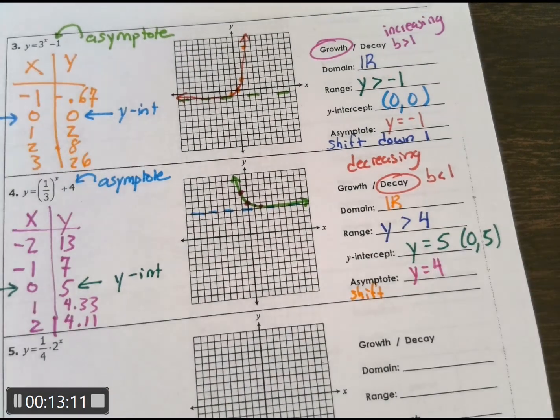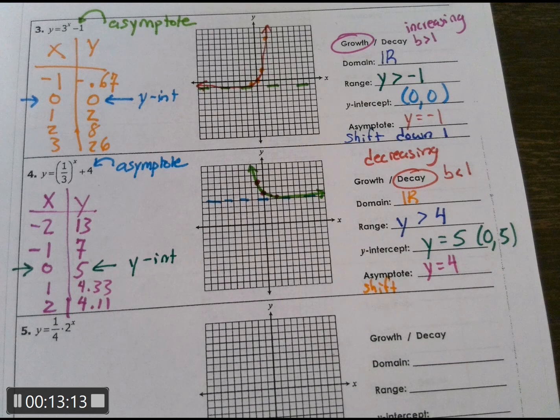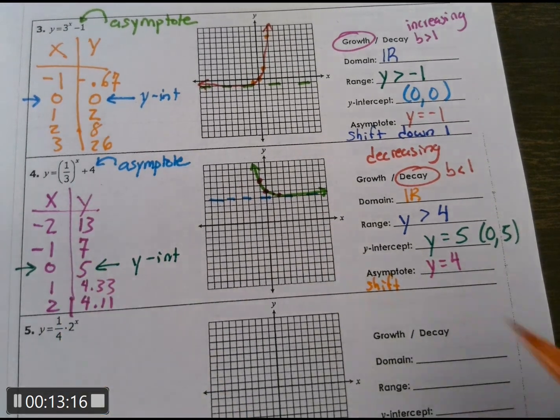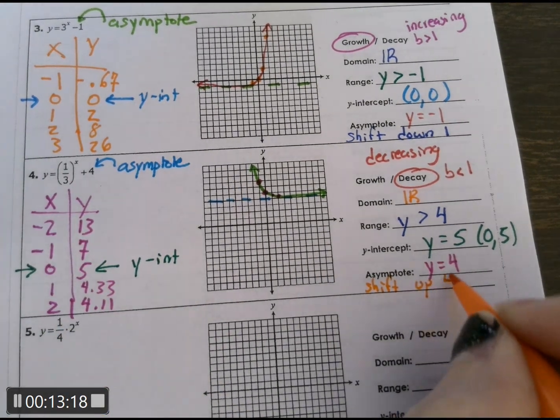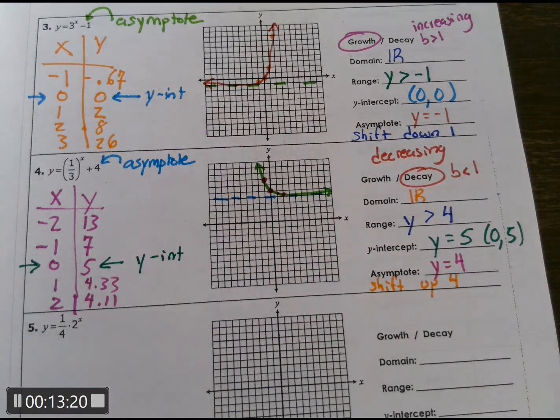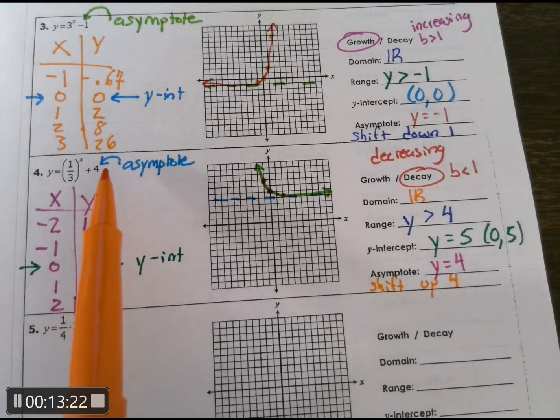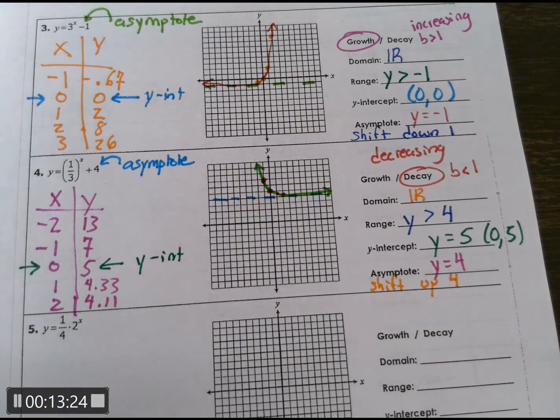So since our asymptote was 4, we are now a positive 4. We are going to shift up 4. Okay? So whatever this number is, that is our shift of up or down.